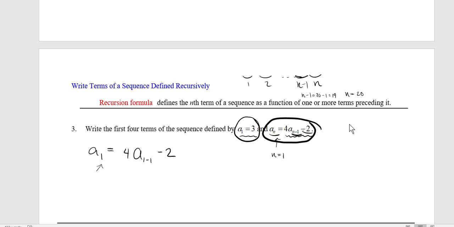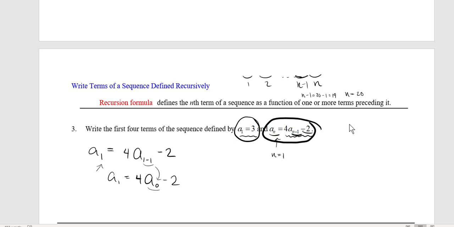Well, we have a problem. 1 minus 1, that is saying that a1 equals 4 times a0 minus 2. Right? 1 minus 1 is 0 as our index. So that's a term that comes before the first term. That term isn't something we have, right? It's not something known.